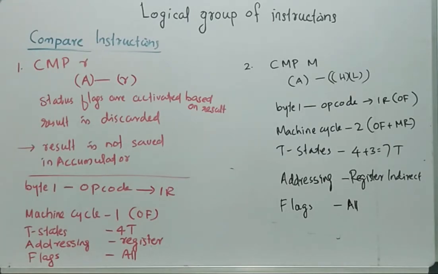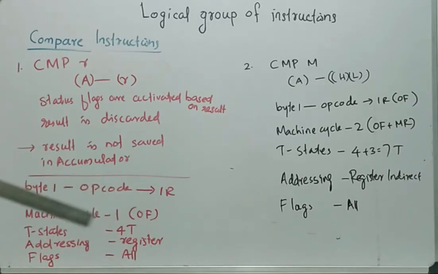During execution of this instruction, the first byte, that is the opcode of the instruction, needs to be taken from external memory into the instruction register inside the MPU. That operation is opcode fetch. So to complete the execution of this instruction, it requires only one machine cycle, that is opcode fetch.